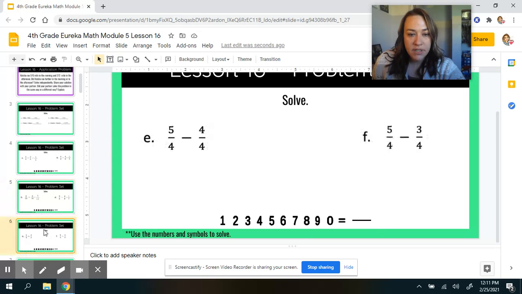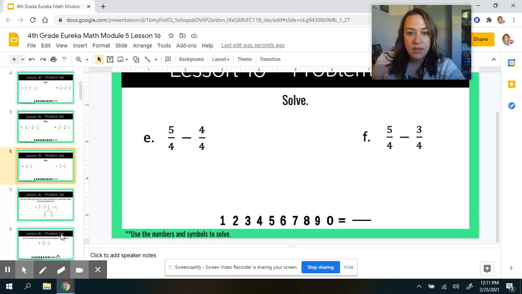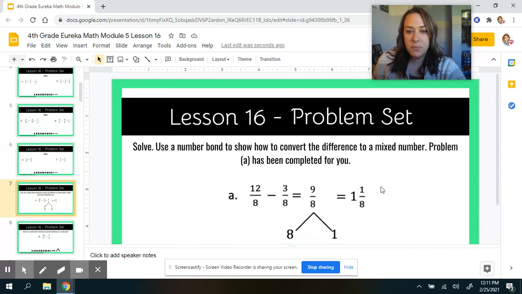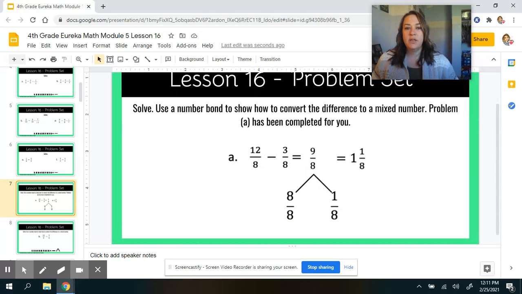I'm going to jump ahead a little bit to converting the difference to a mixed number. I've talked about this a few times in our lessons. So we have 12 eighths minus 3 eighths. Notice our denominator stayed the same. 12 minus 3 gave us 9. Remember, if my numerator is larger than my denominator, that means I have an improper fraction, which is larger than 1.